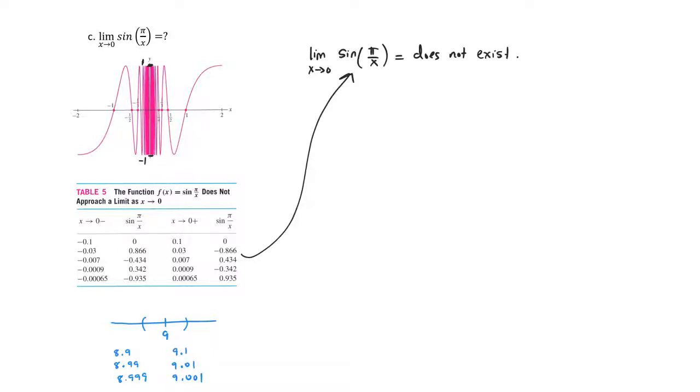If you notice right here on this table, the x values that were chosen were not as well behaved as this one. They're completely random. There's no pattern here. Negative 0.1, negative 0.03. They didn't say negative 0.01, negative 0.001.